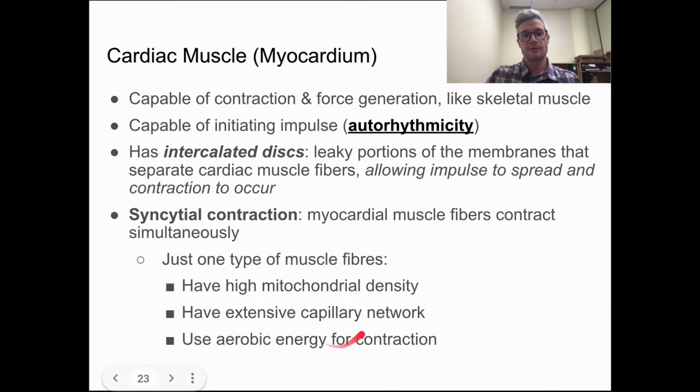So again, primo setup for oxidative respiration. And the other part that ties into all of that is that there is only one type of muscle fiber in myocardium. Again, if you recall back to skeletal muscle, there's more than one: two broad types plus some intermediate fibers.